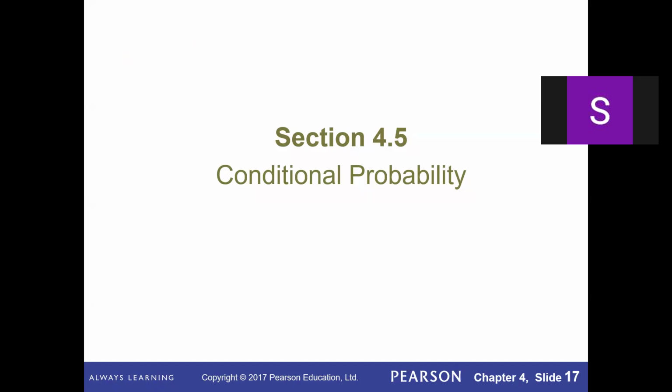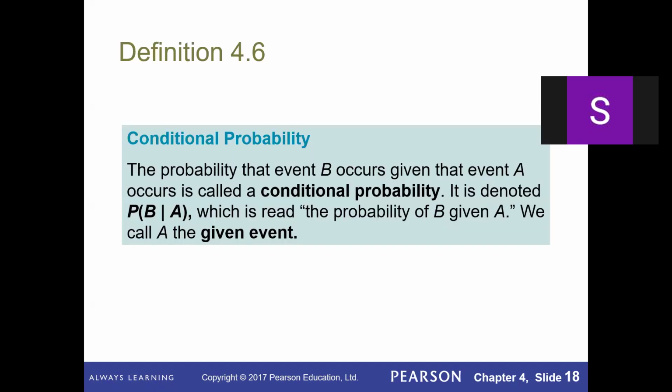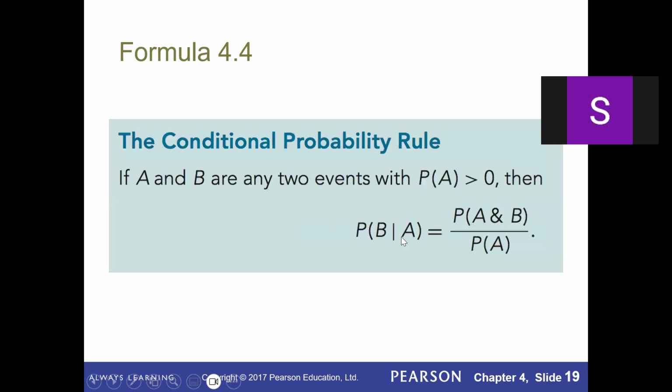Now let's move on to conditional probability. The probability that event B occurs given that event A occurs is called conditional probability, and it is denoted by P(B|A), which we read as the probability of B given A. And in this, probability of A should be greater than 0.